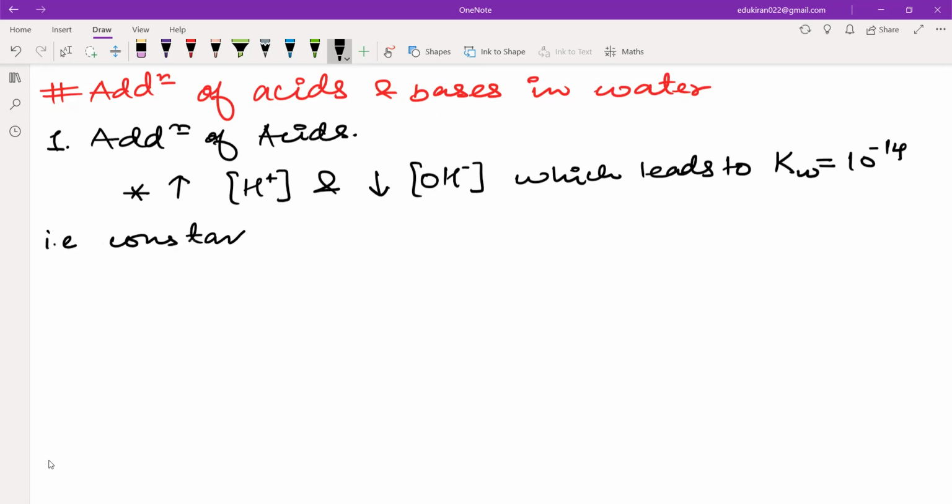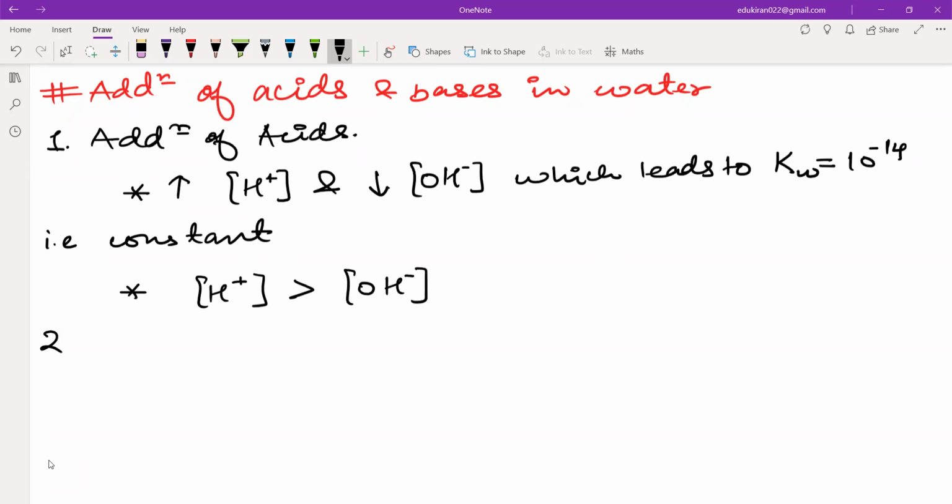So Kw is not going to change. And at the end, you can say that if you have an acid, then the concentration of H positive should be greater than the concentration of OH negative.